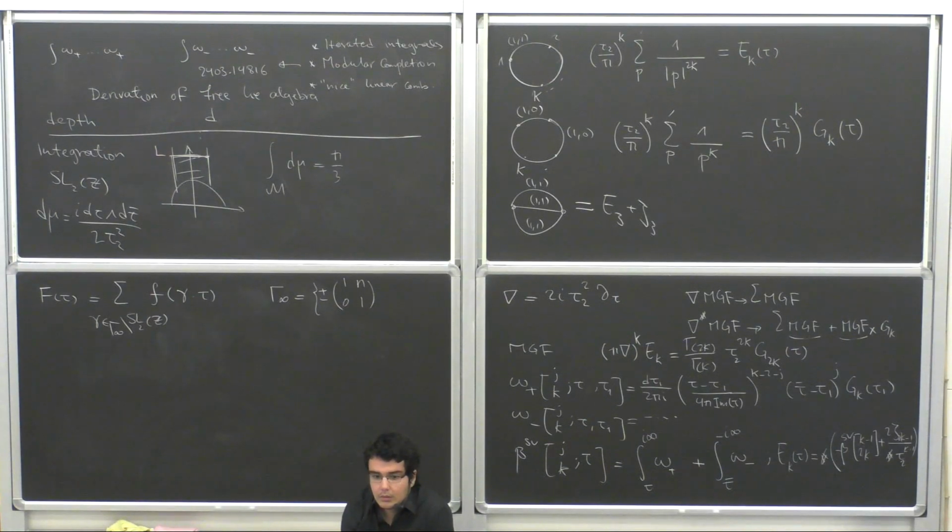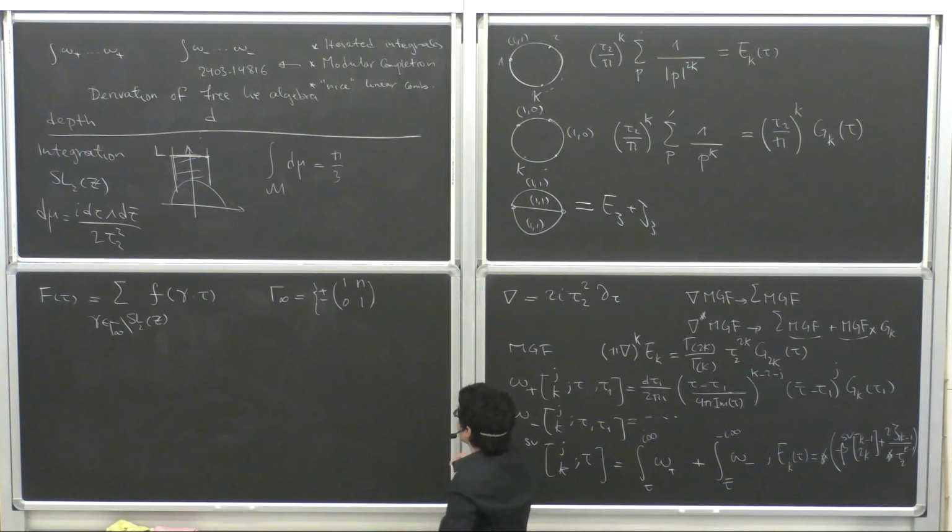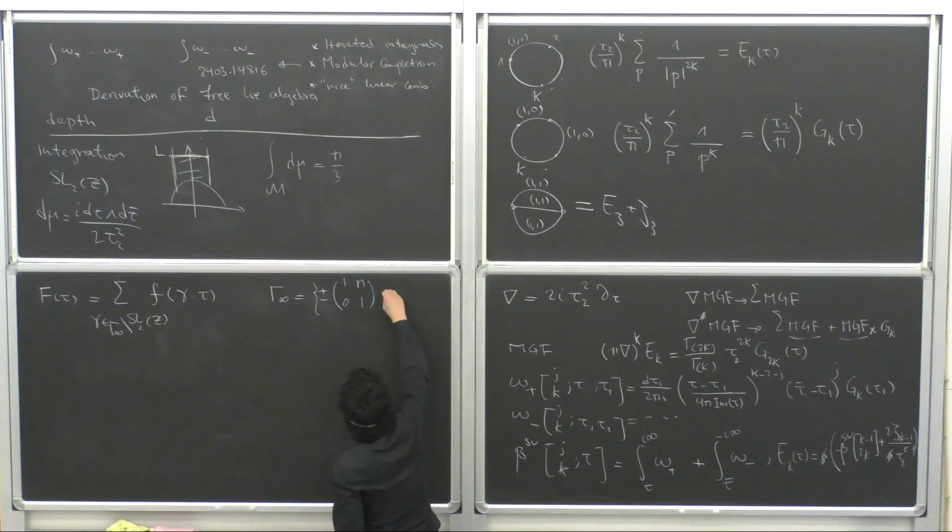I'm not sure if it's obvious. If they do have a Poincare sum, yes, it's one of the techniques. And n is an integer.